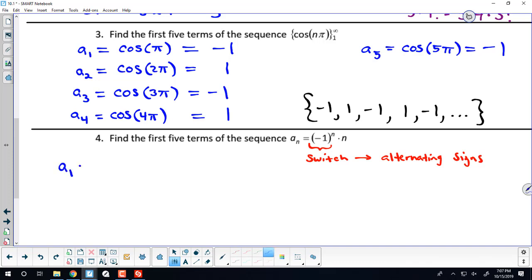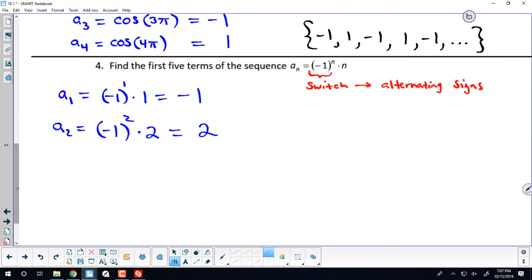So here we have a sub 1 is -1 to the 1 times 1, which is -1. A sub 2 is -1 squared times 2. So that gives us a +2. What would the next term be? -3, the next term, +4, the next term, -5. Let's see how that works. A sub 3 is -1 cubed times 3.